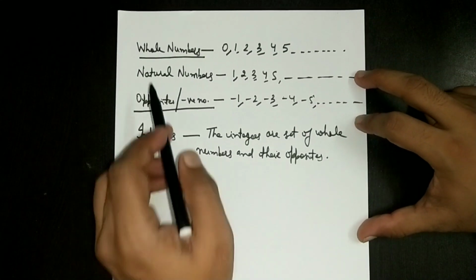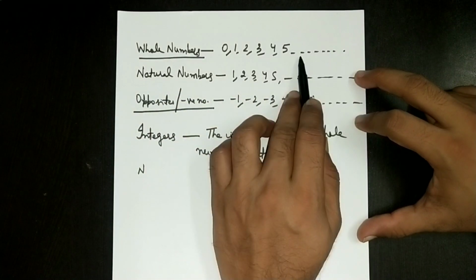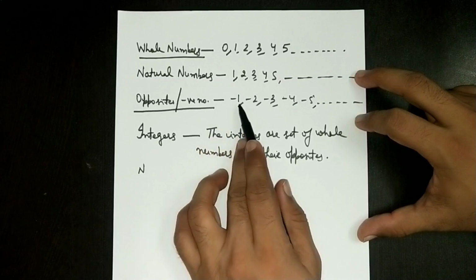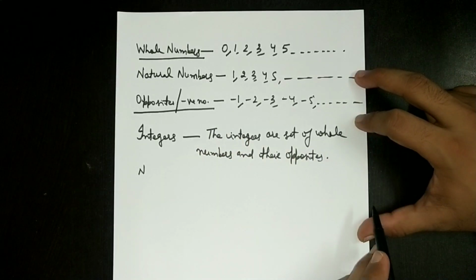Now you know the whole numbers. Whole numbers are the numbers starting with 0, all positive numbers, and opposites, numbers starting with -1, all negative numbers.